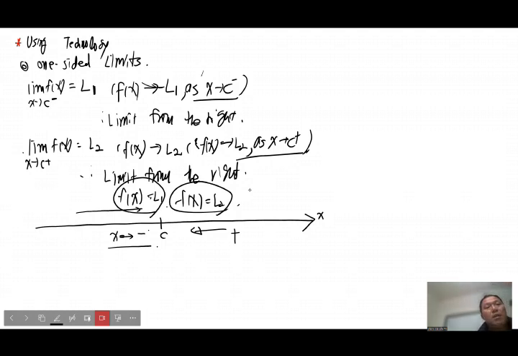So the limit of the f(x) function could have a different value depending on which direction the x value comes from.